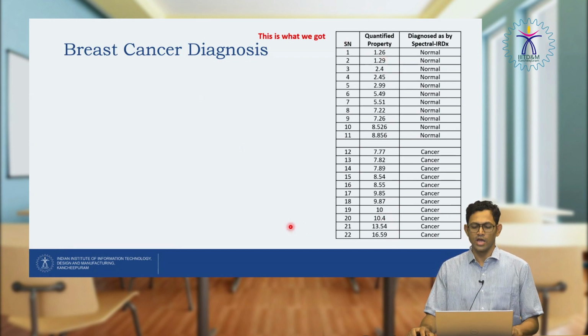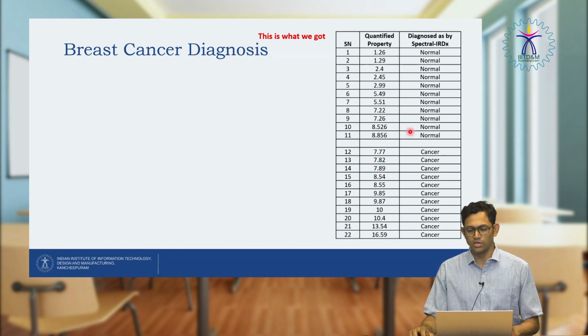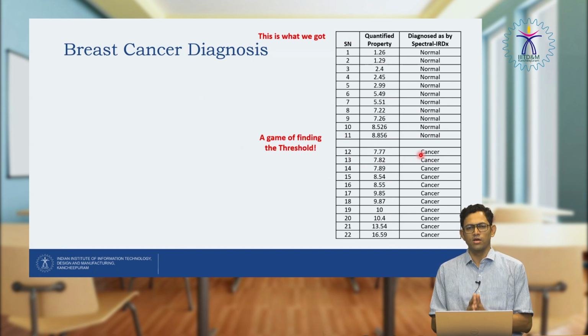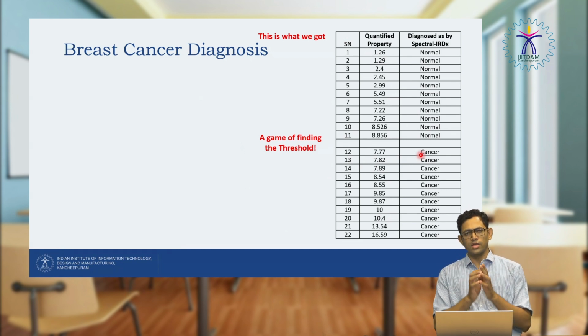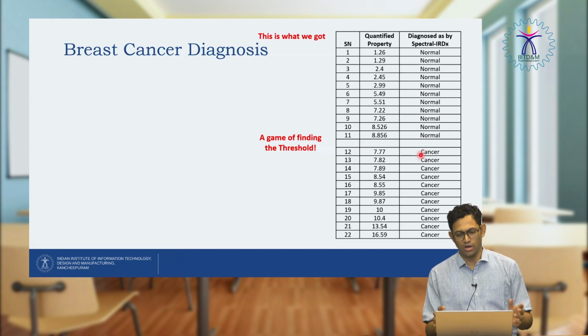Once it is in ascending order, your job is to find a cutoff which can help you to differentiate normal and cancer, right? So the game is to find the threshold. If you are able to find a very good threshold, then you can say that your sensitivity is very high and specificity is very high as well.